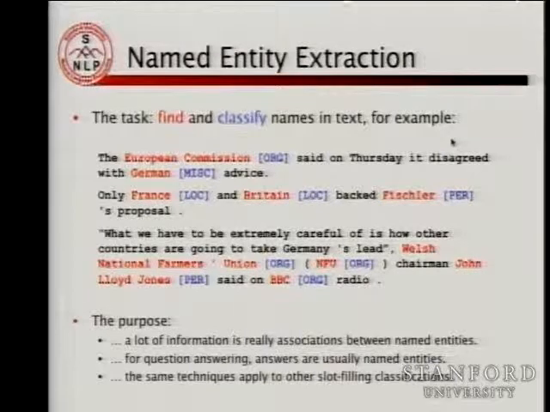It might be upregulating it, downregulating it, but there's some effect between the two proteins. The baseline method is you simply look for sentences that mention two protein names, and the implicit assumption is that if two proteins have been mentioned in the same sentence, they must have something to do with each other.